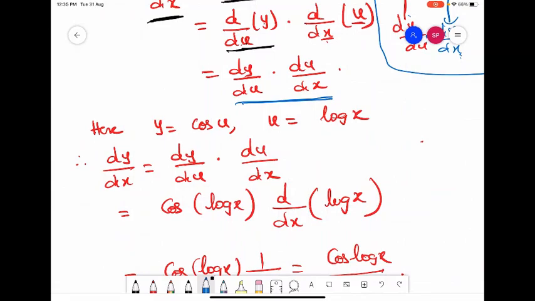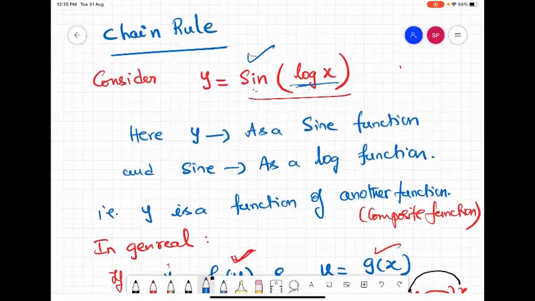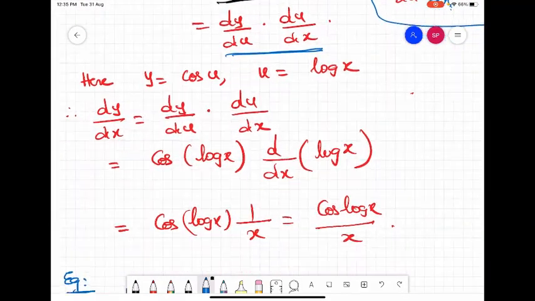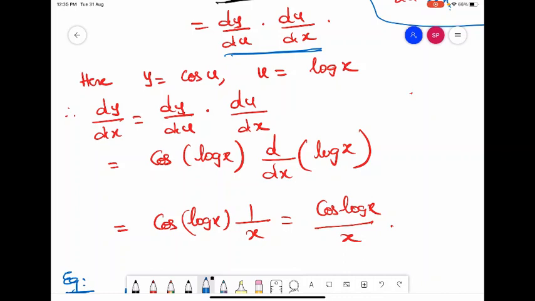Suppose I have, what is the same thing I have given here? y is sine log x I have given. So this is y is sine u. In the given problem I have it as sine u. Let me just write it clearly.